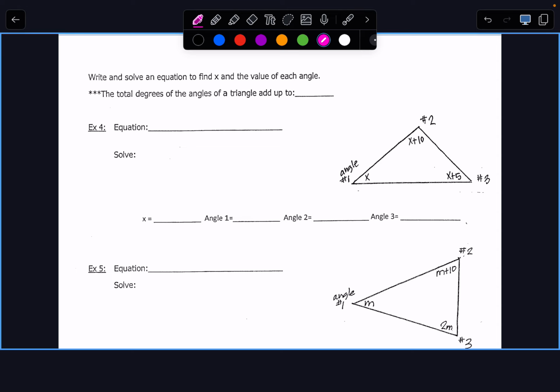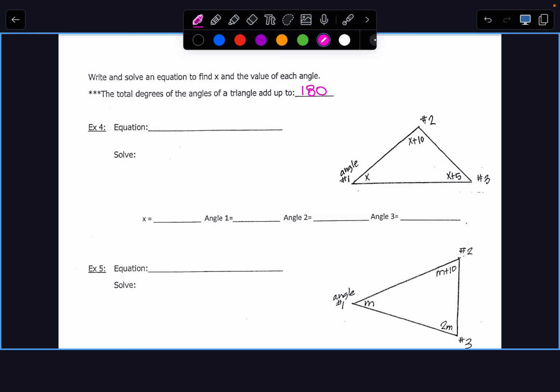So, at the very top, you see that there's 2 pictures of triangles. And up here it says the total degrees of the angles of a triangle add up to, what do they add up to? 180. Whoever said that, thank you. So 3 angles of a triangle add up to 180 degrees. Please write that down. So if I ever give you a problem where it says, hey, here's 3 angles of a triangle, we know that the 3 angles add up to equal 180.